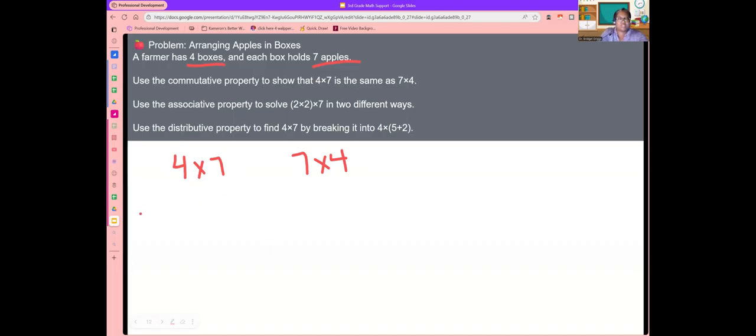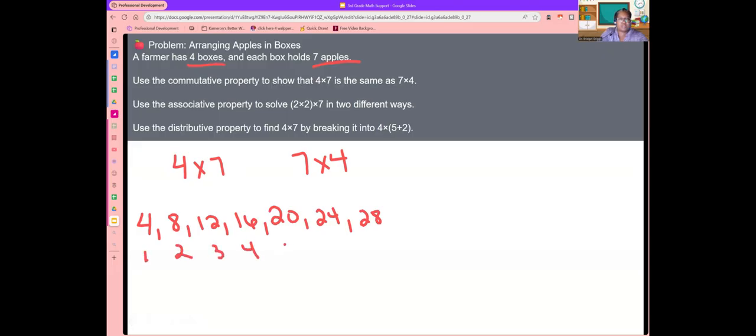So if we do 4, 7 times, we will have 4, 8, 12, 16, 20, 24, and 28. That is 1, 2, 3, 4, 5, 6, and 7.